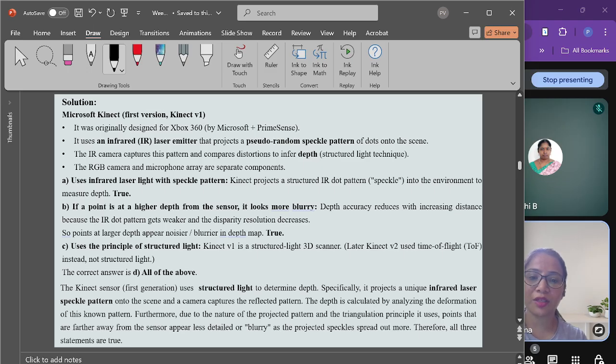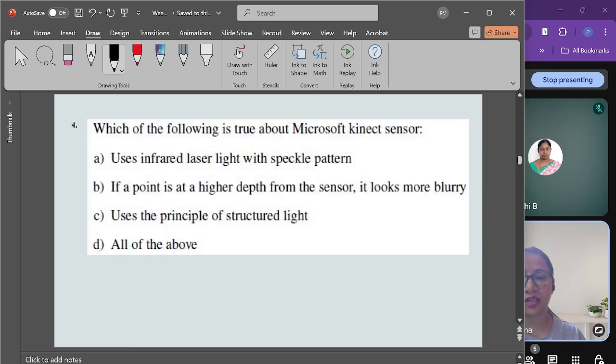Furthermore, due to the nature of the projected pattern and the triangulation principle it uses, points further away from the sensor appear less detailed or blurry, as the projected speckle spreads out more. So therefore, all three statements are true. That's why option D is the correct answer for this question.